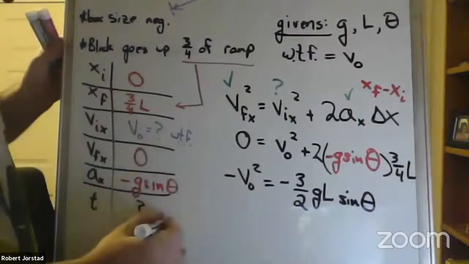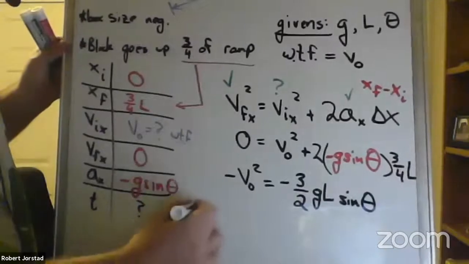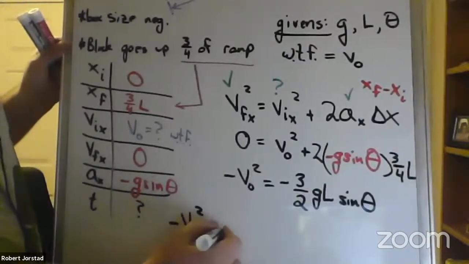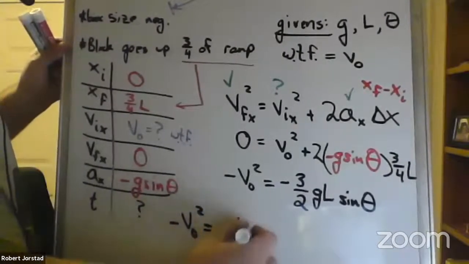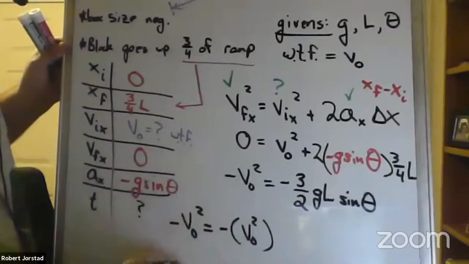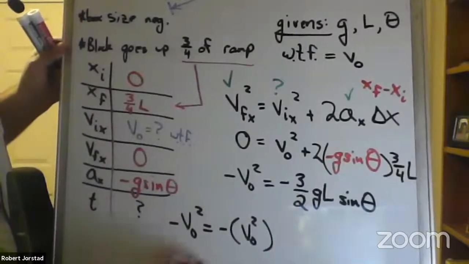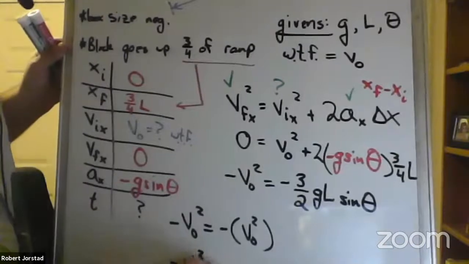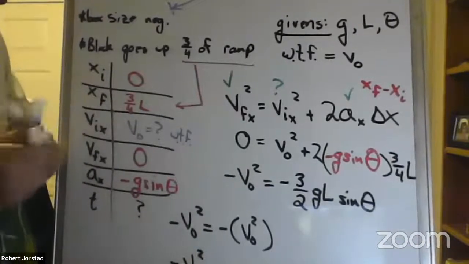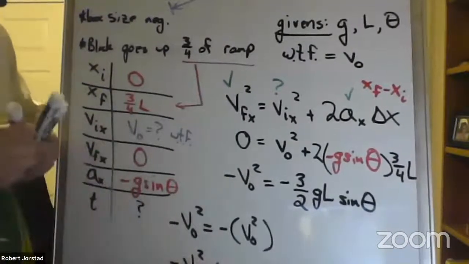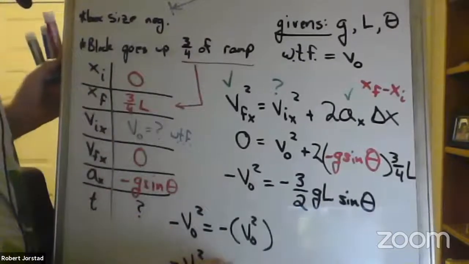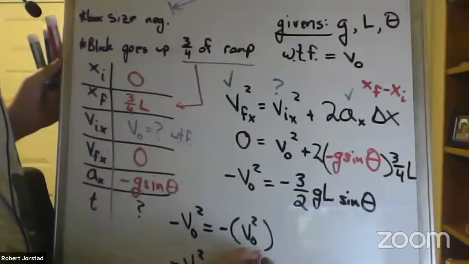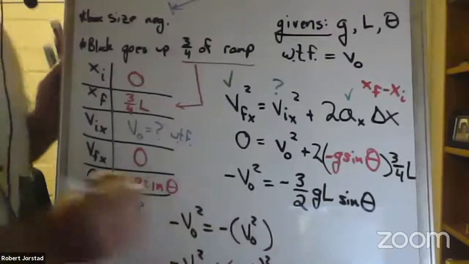To be clear, minus v naught squared is equal to minus v naught squared. But minus v naught squared is not equal to minus v naught, squared.